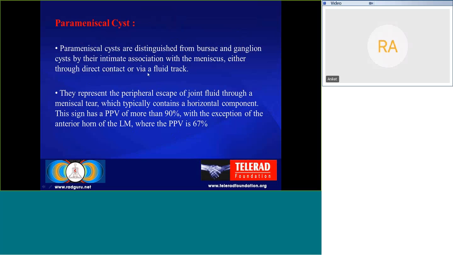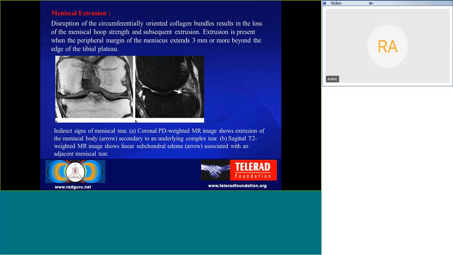The parameniscal cysts are distinguished from the bursae and the ganglion cysts by their intimate association with the meniscus, either through direct contact or via a fluid tract. They represent the peripheral escape of the joint fluid through the meniscal tear, more common in the horizontal tear.